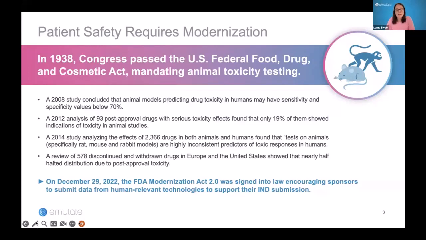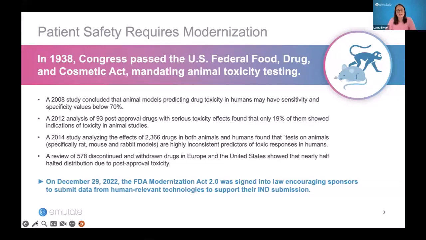However, it's become very apparent that these animal models, whilst they do a good job in many cases, there is still room for improvement. And this slide outlines a few of the more recent examples, analysing the concordance between the animal studies and human outcome. This has then culminated in a modernisation of this act.